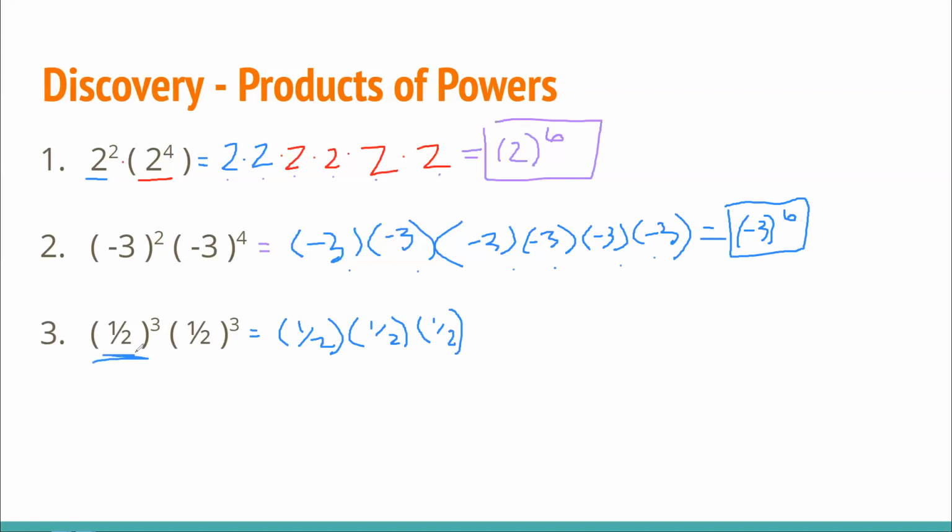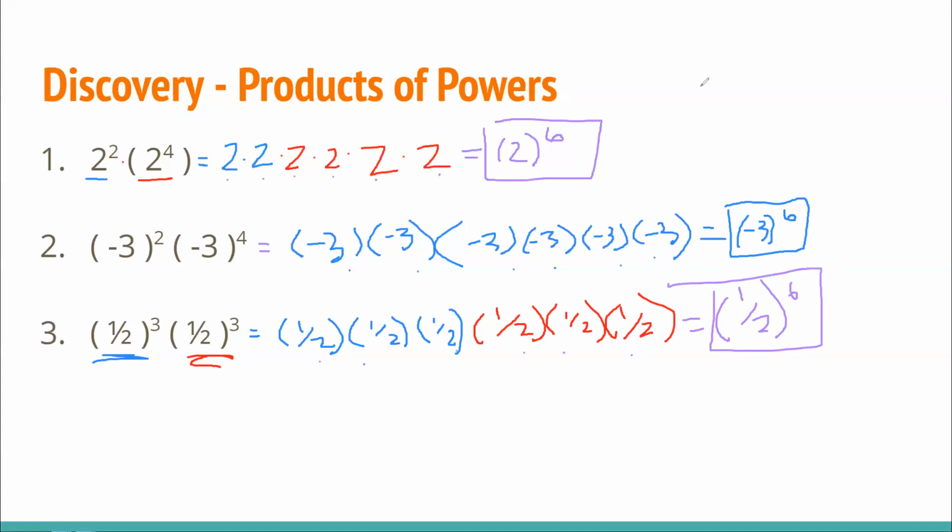And then we're going to write out 1/2 3 more times to represent this number here. Again, we're combining these, and so I know that my base is going to be 1/2 because that's the number that's being repeated, and it happens 6 different times. And so that is my answer there.